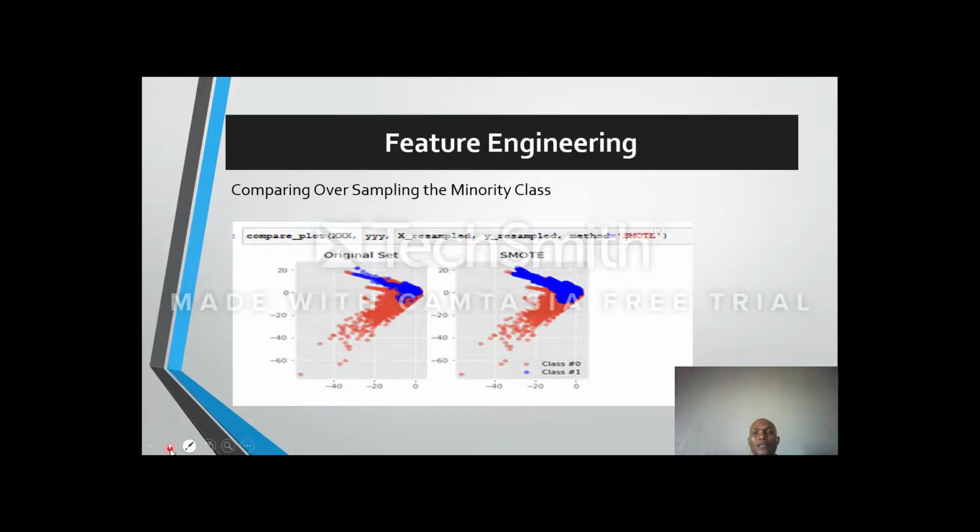So from the plot, the plots are still very much similar, but we now have more fraud cases introduced by oversampling the minority class.